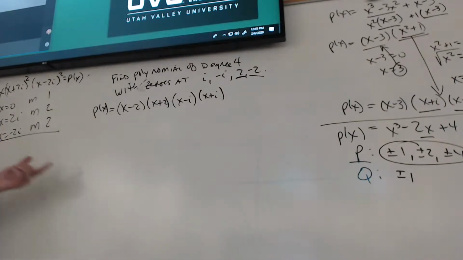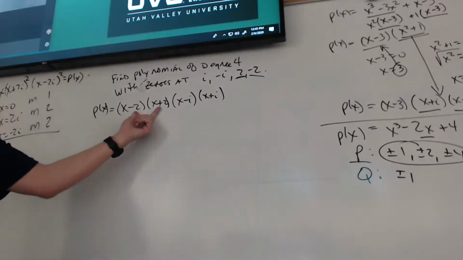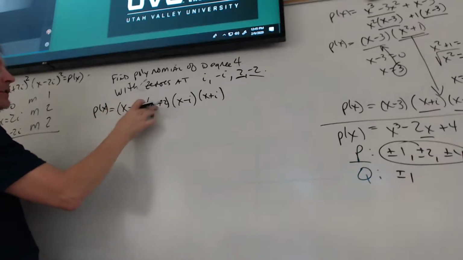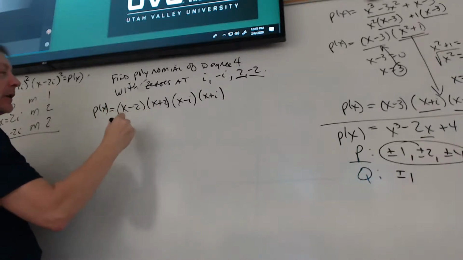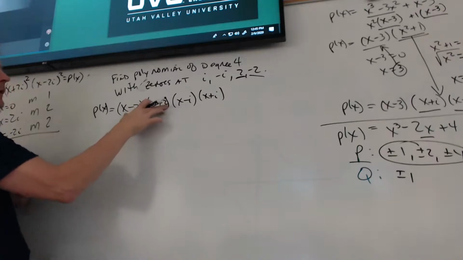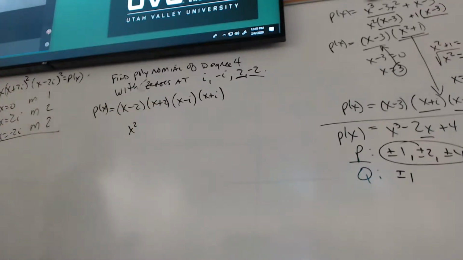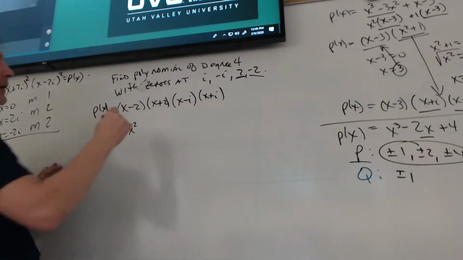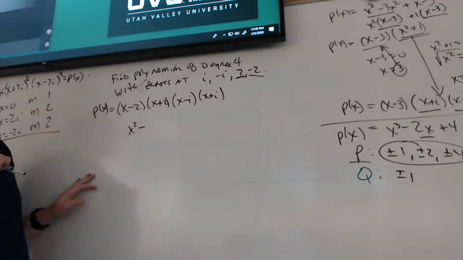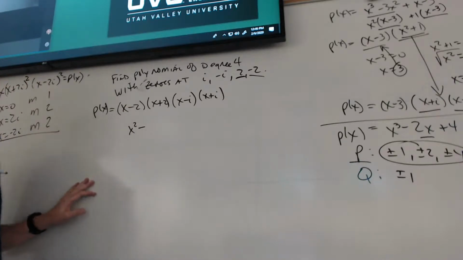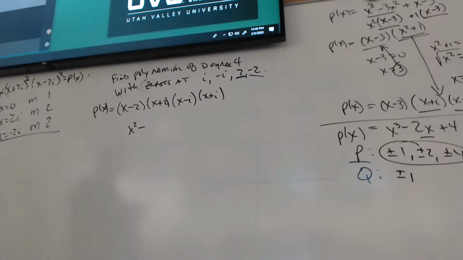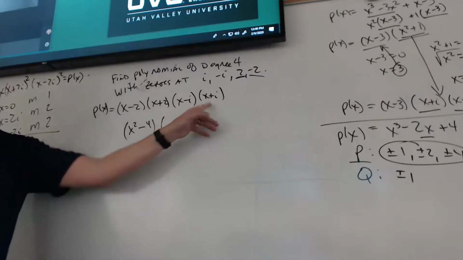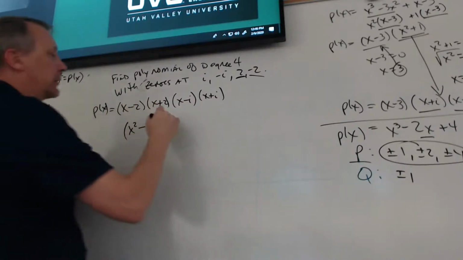So x minus 2 times x plus 2 is what? x times x is x squared. Negative 2 plus positive 2 is 0. Negative 2 times positive 2 is negative 4. Okay? Now we're going to do the same thing here. x times x is x squared.